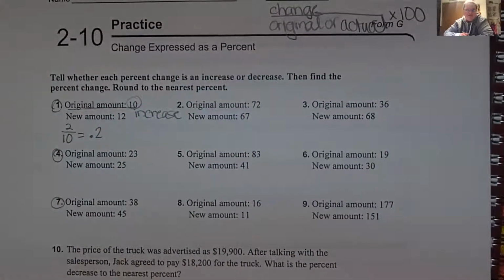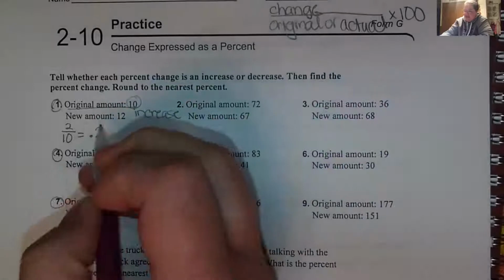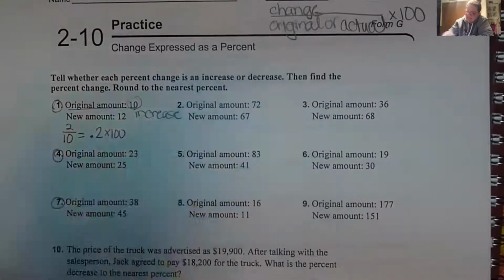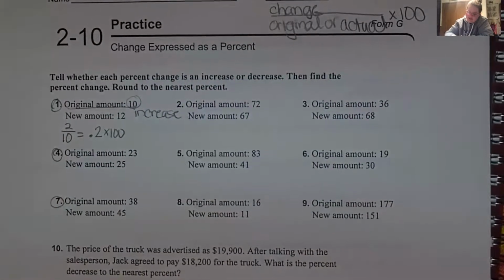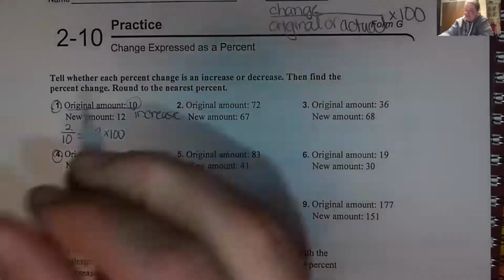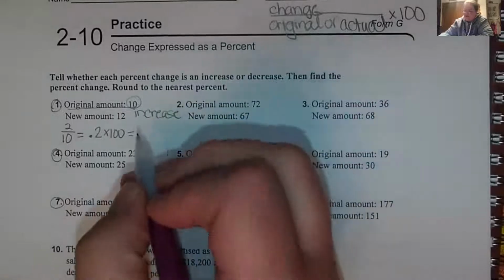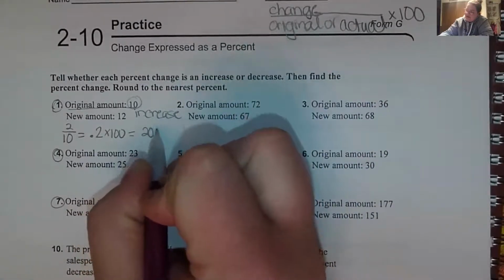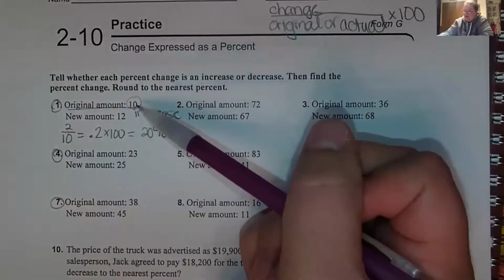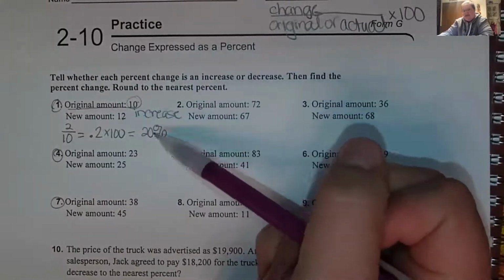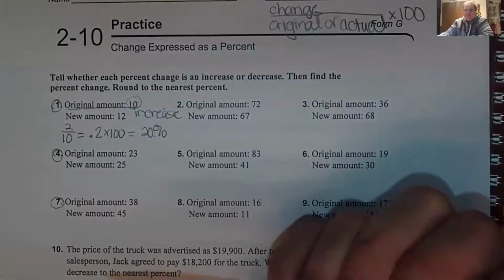We should know that one, but when in doubt, put it in your calculator. Then I have to times it by 100, moving the decimal over twice. If you can move the decimal without timesing by 100, you have to pick what's easier for you. So that is 20%. Going from 10 to 12 is a 20% increase.